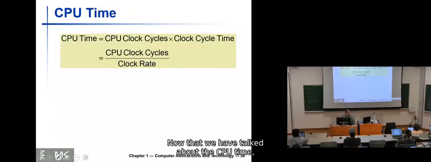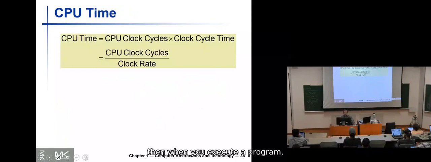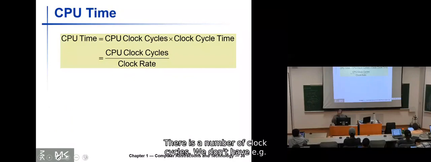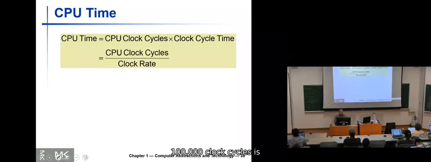Now that we have talked about the CPU time, when you execute a program, it takes a specific number of clock cycles, and that's it. We don't have, for example, half a clock cycle or 2 nanoseconds. No, we have, for example, 100,000 clock cycles that this program takes to be executed.